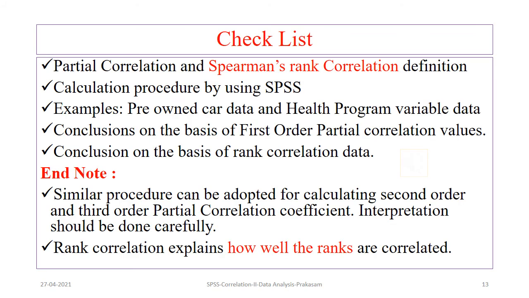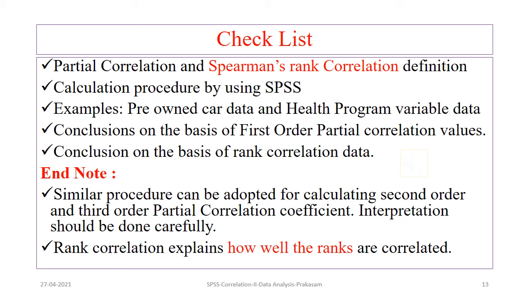In this presentation, we have learned about partial correlation and Spearman's rank correlation definitions, and the calculation procedure by using SPSS, and examples for the Spearman rank correlation as well as partial correlation. For the partial correlation, we have discussed pre-owned car data as well as the health program variable data.